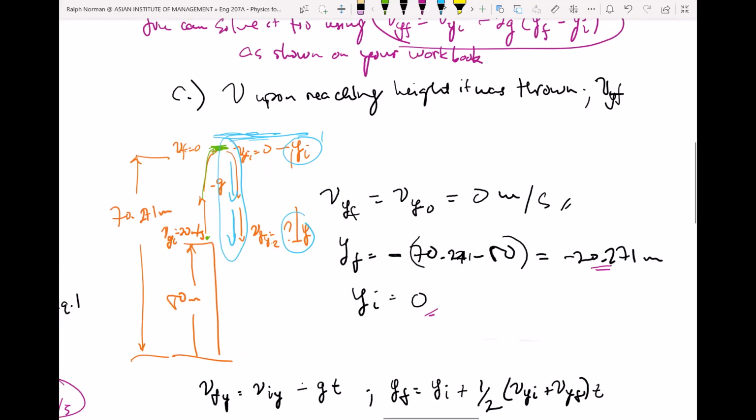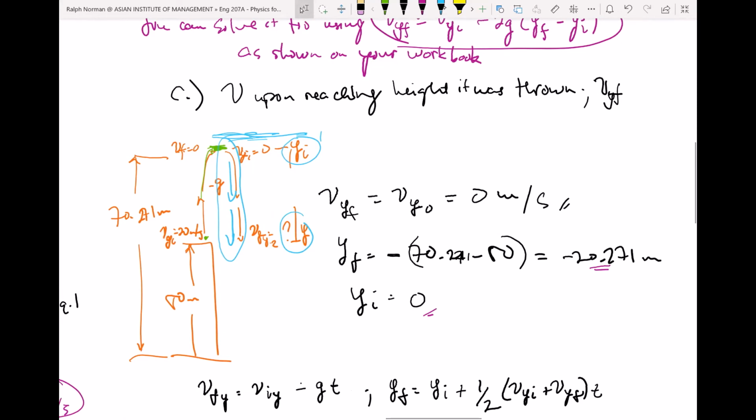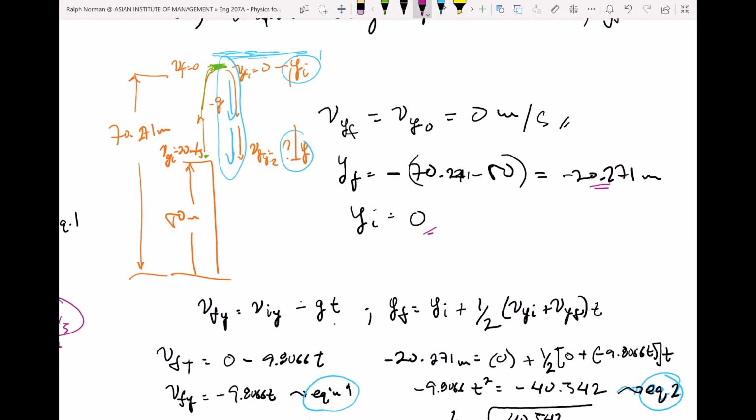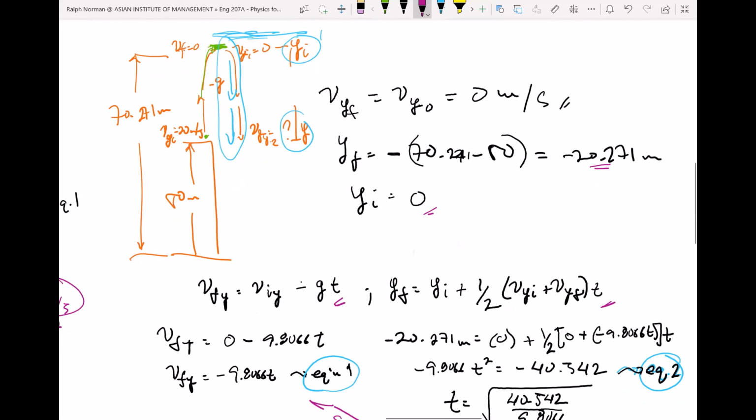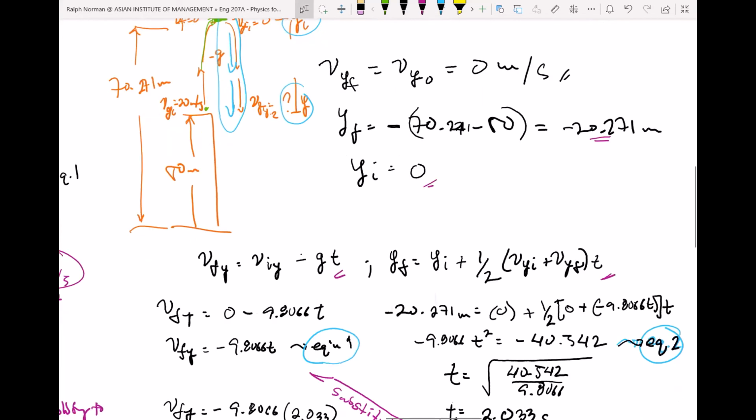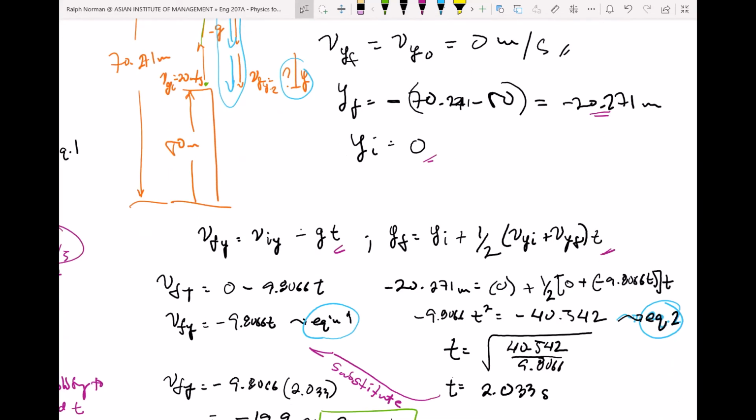Okay? Now, having all those parameters in your hand, you can make use of the following formulas to solve for your final velocity. You have two unknowns, so you cannot simply assume that the time to reach it is the same as going down. Just to be safe, we make use of our equations here. Simplifying this equation would give you equation 1, 9.8066 times t.